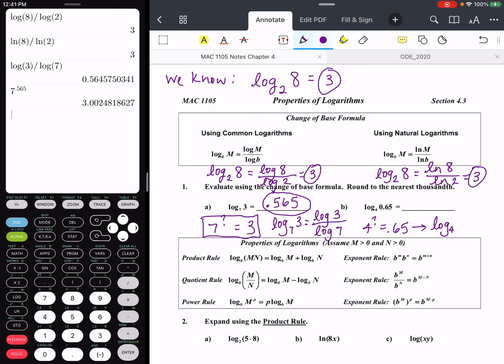So log base 4 of 0.65 should be equal to log of 0.65 divided by log of 4. And that gives me approximately, if I'm rounding to the nearest thousandth, negative 0.311.